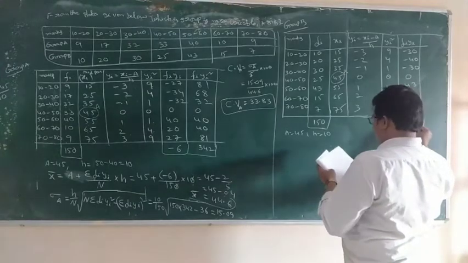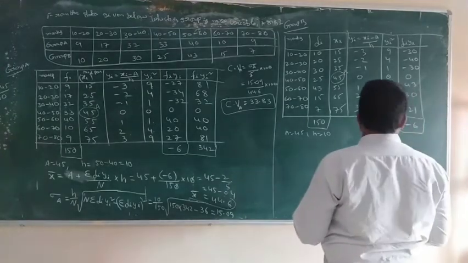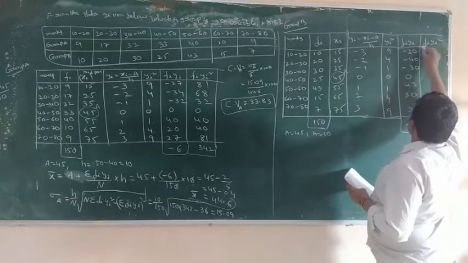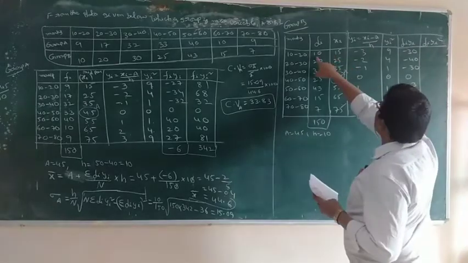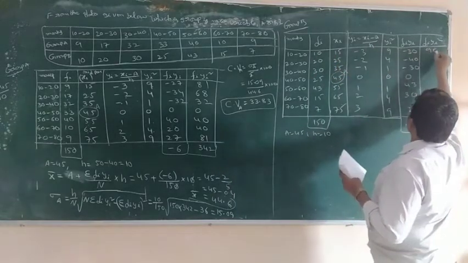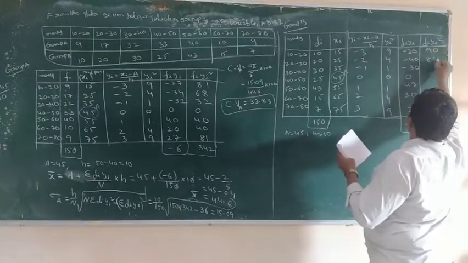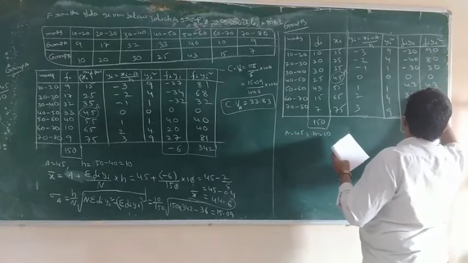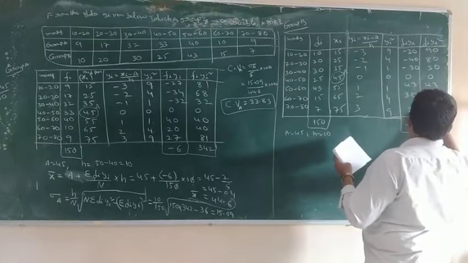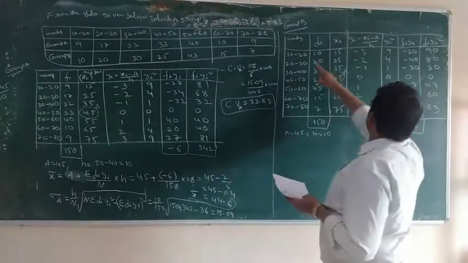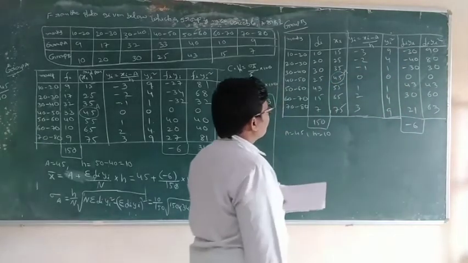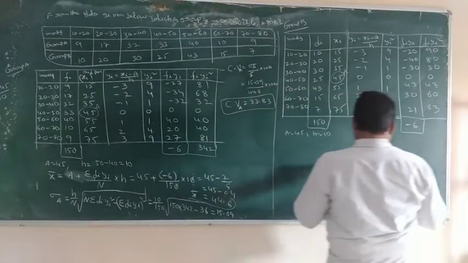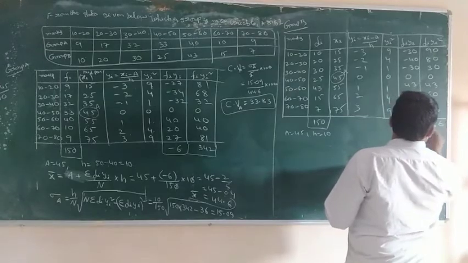The summation is minus 6. Then fi into yi square: 90, 80, 30, 0, 43, 60, 63. We calculate 10 into 9 is 90, 20 into 4 is 80, 30 into 1 is 30, 43 into 1 is 43. The total is 366.